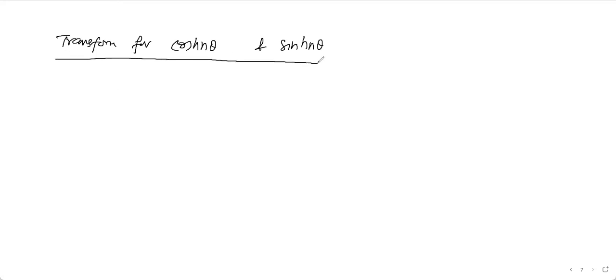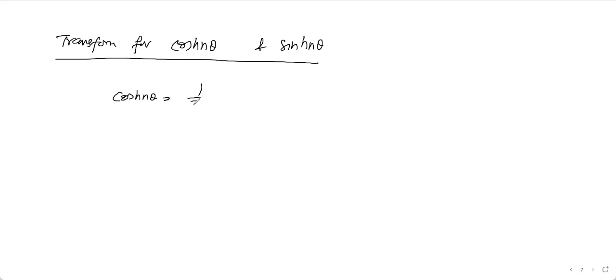Now let us find the transform for cosh n theta and sinh n theta. All right, let's look at this now. First, let us write down what cosh n theta is.